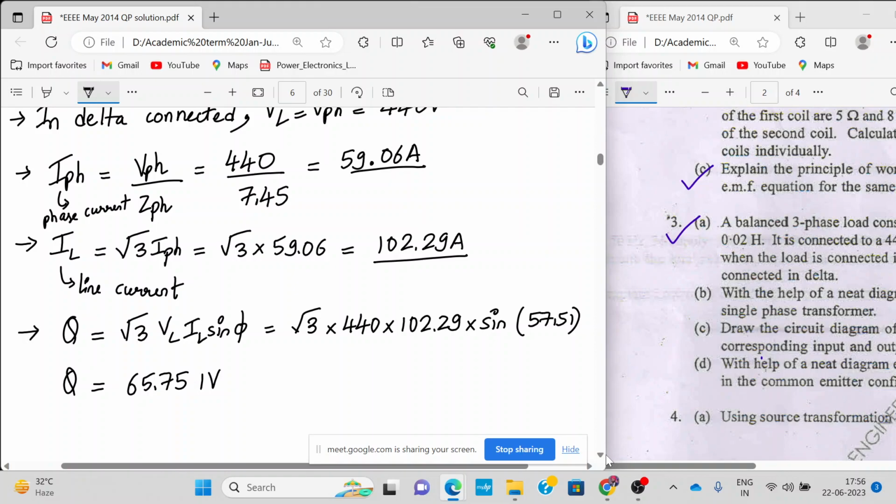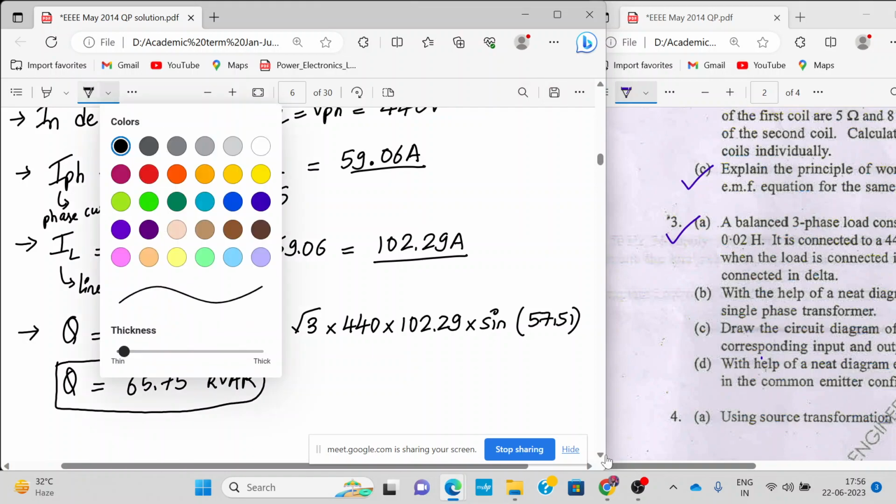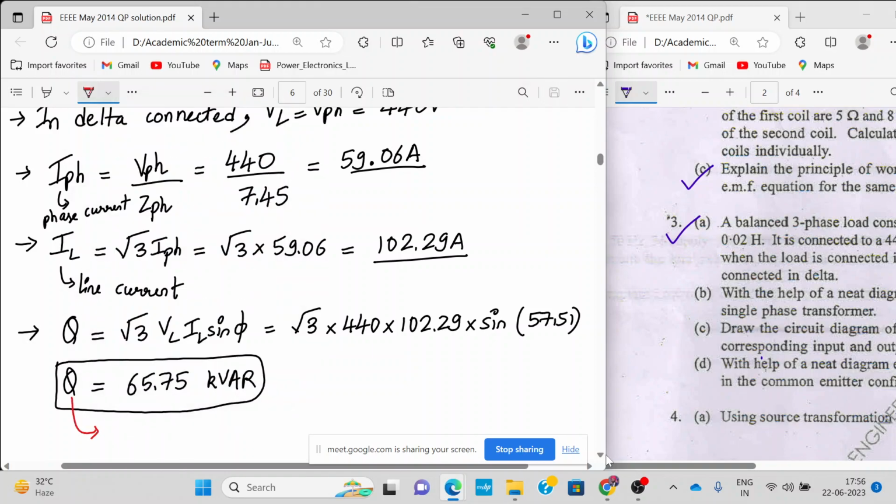Unit is kVAR. You can easily cross check it with your own calculator. And this is the reactive power consumed in a three phase delta connected load. Okay.